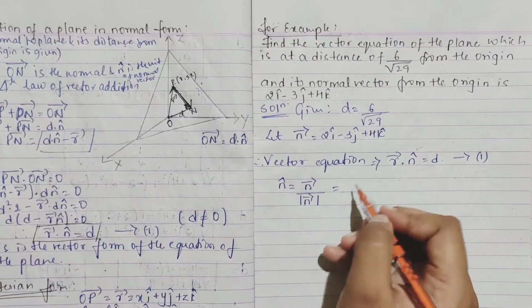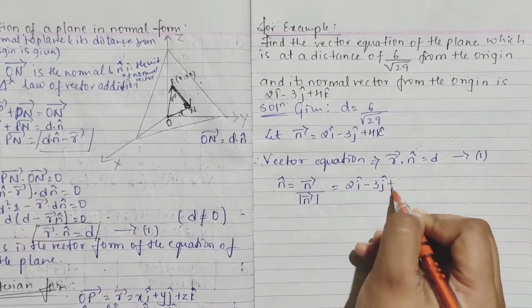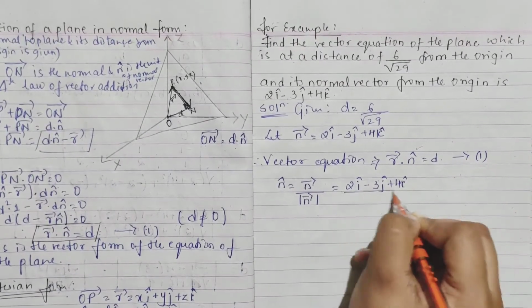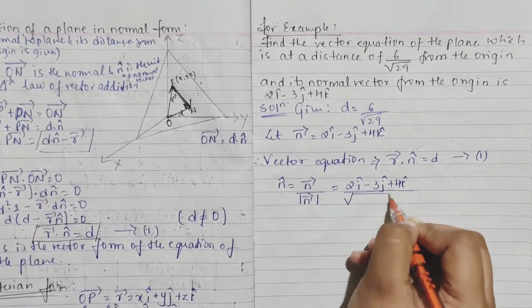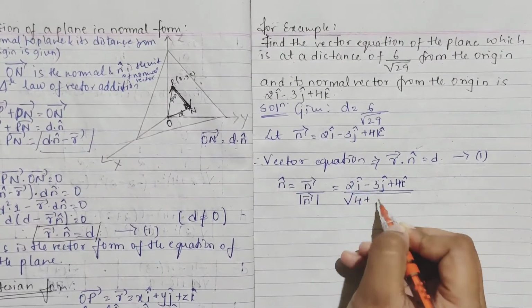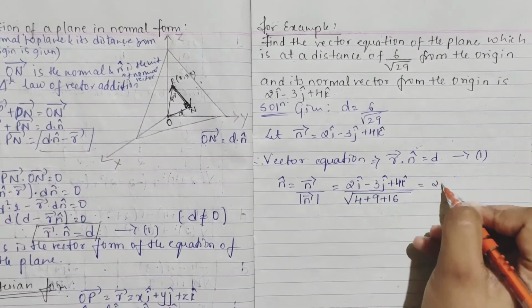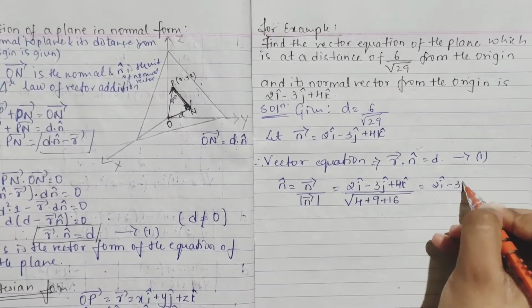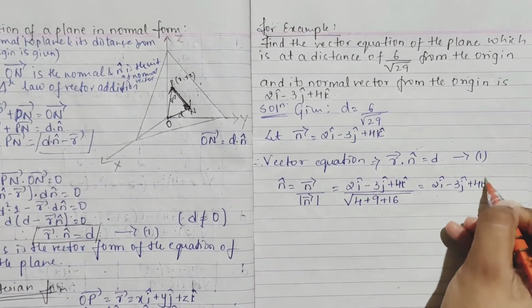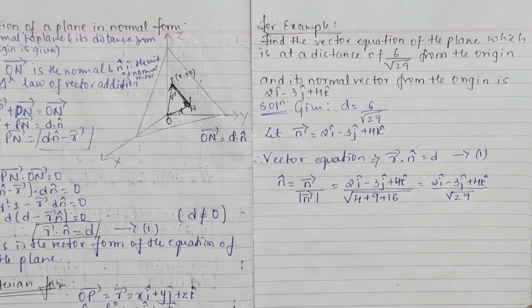So we will find it out. You get 2 i cap minus 3 j cap plus 4 k cap, whole divided by the modulus, which will be a root: 2 square is 4 plus 3 square is 9 plus 4 square is 16. So you get 2 i cap minus 3 j cap plus 4 k cap divided by root 29.